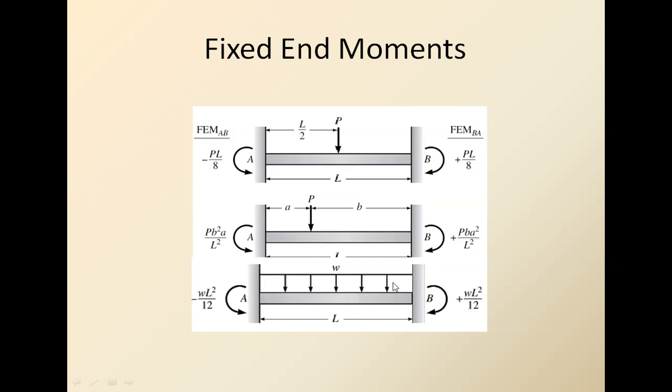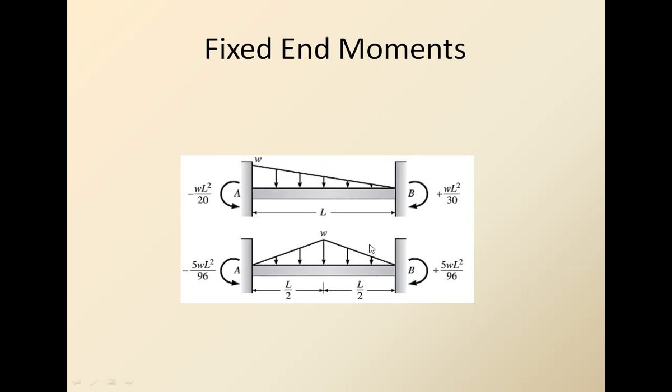And for the UDL, the moment is WL squared by 12 at both ends, but it is anticlockwise at the left and clockwise at the right. Similarly, if you have a triangular load with maximum intensity at one of the supports, at that point the fixed end moment is WL squared by 20. At the other end it is WL squared by 30.